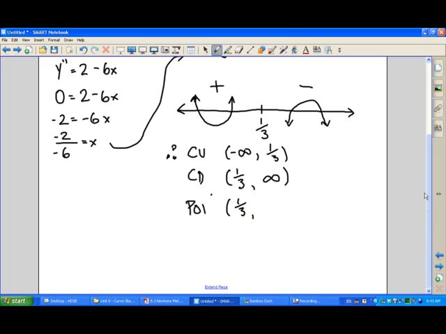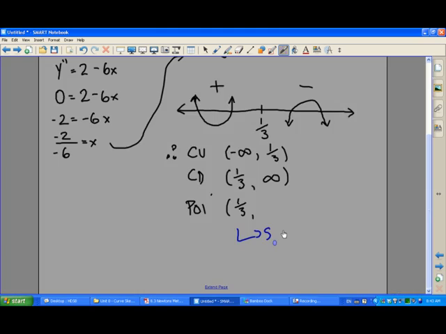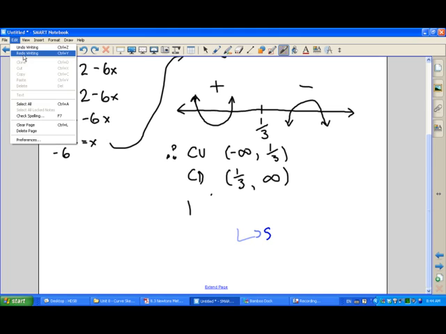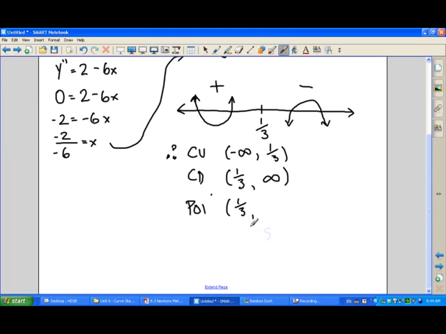So we'll take that value of 1/3 and we'll sub it into the original equation.